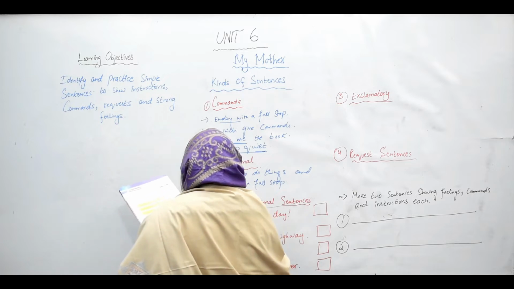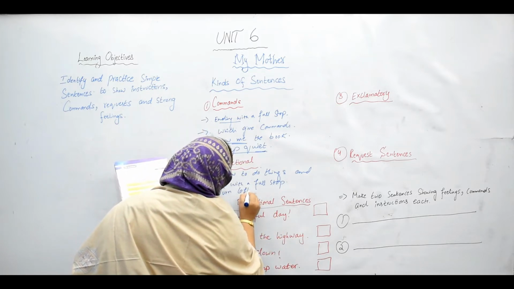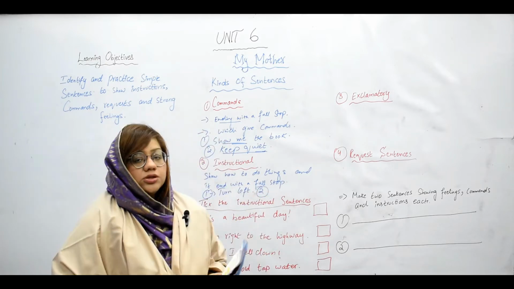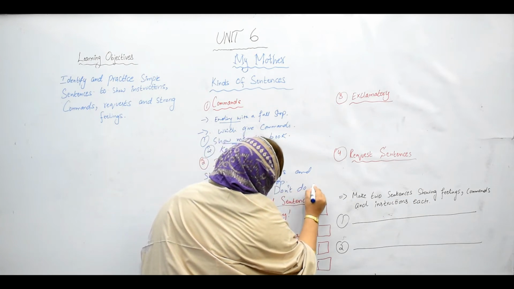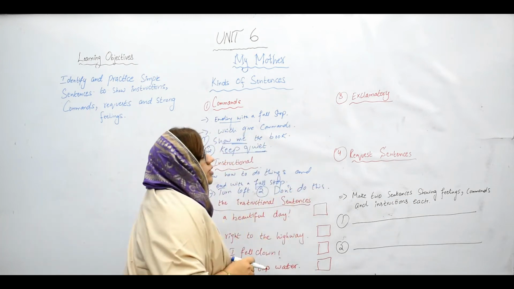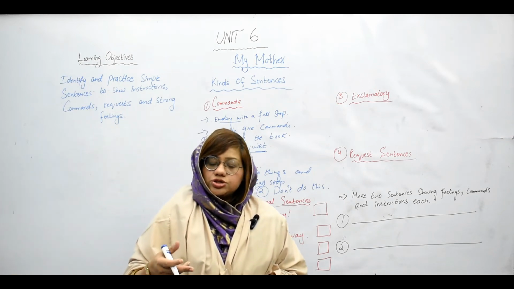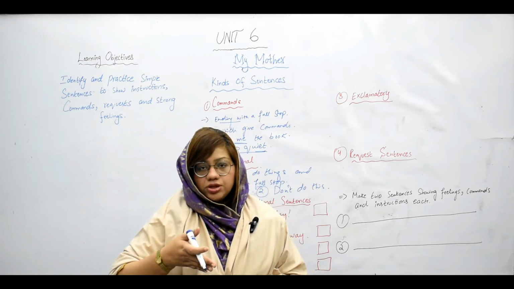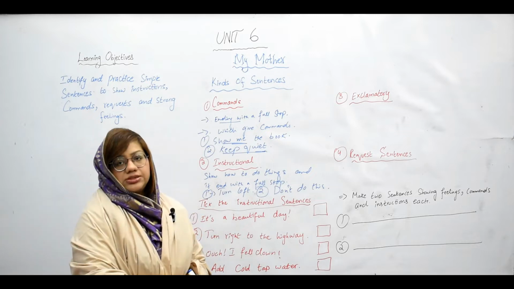For example, turn left. For example, don't do this. It means that I'm giving some instruction to others to do this in this form, in this direction, or in this way. So these are called instructional sentences.